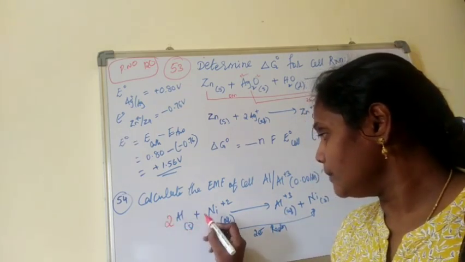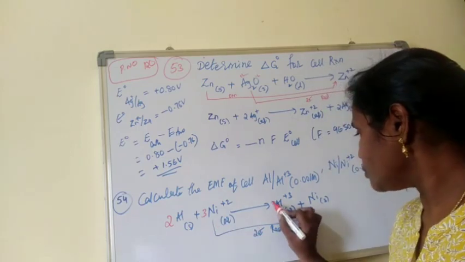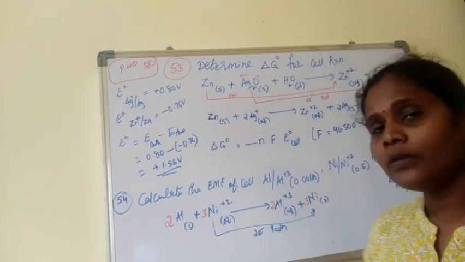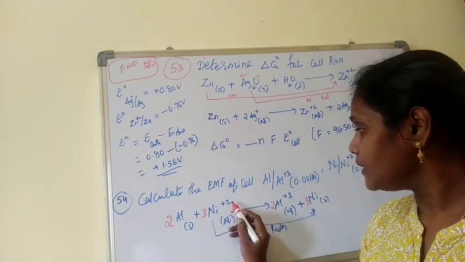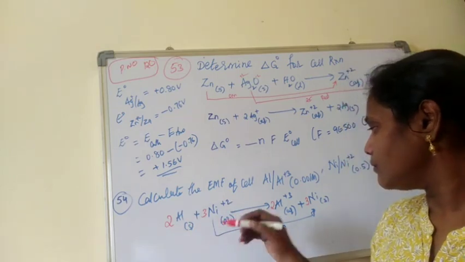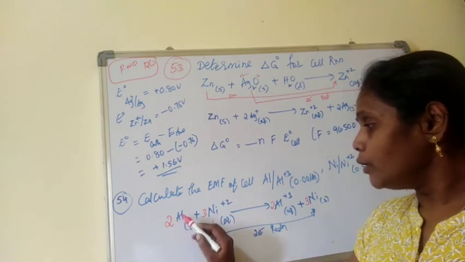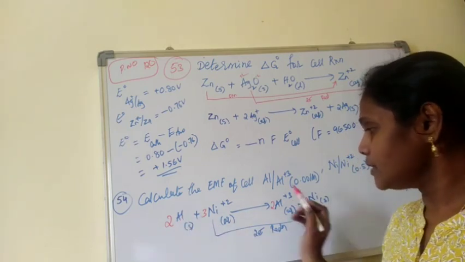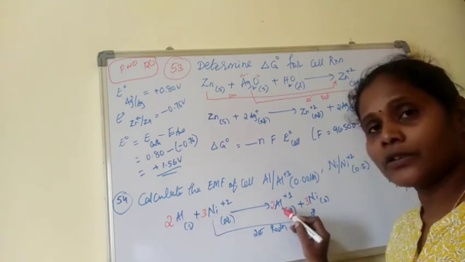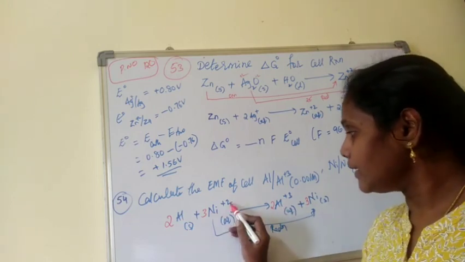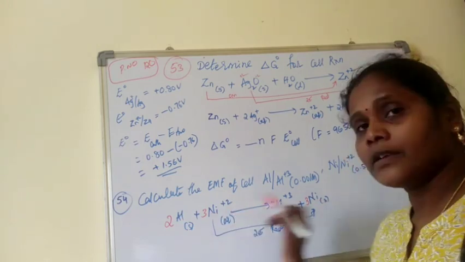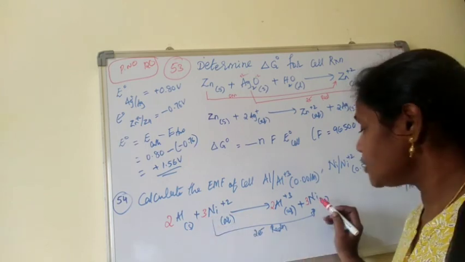Therefore, 2 aluminium and 3 nickel, if we do cross multiplication. These 2 I write here and these 3 I write here. So 1 aluminium gives 3 electrons, therefore 2 aluminium gives 6 electrons. And 1 nickel accepts 2 electrons, so 3 nickels accept 6 electrons.